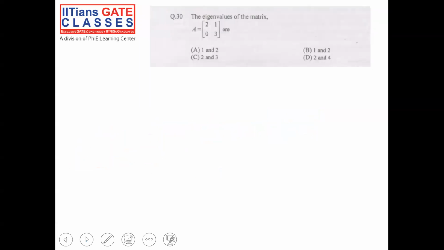Okay, coming towards the next question. In this question, they are asking us for the eigenvalues of the matrix A. We can calculate the eigenvalues by creating the characteristic equation. What is the characteristic equation? Determinant of A minus lambda I equal to 0.